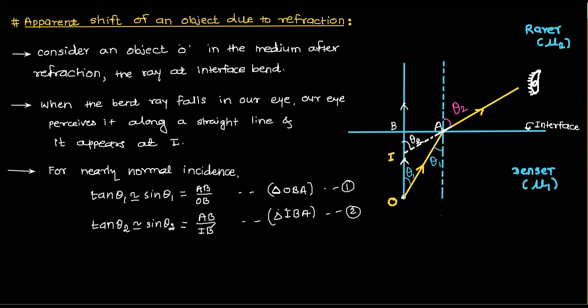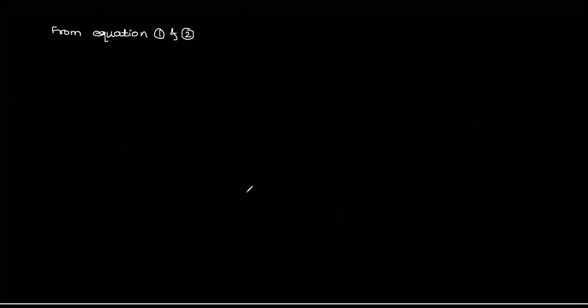So I am taking here like this: sine of theta 1 divided by sine of theta 2 is equal to IB by OB.